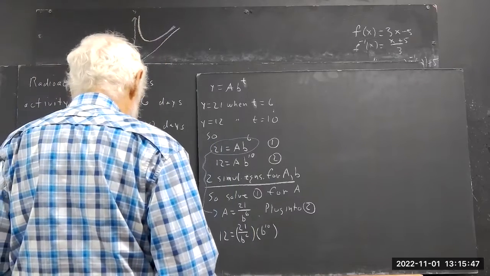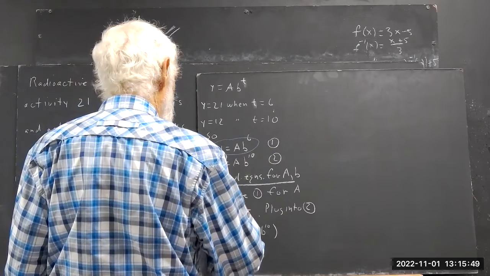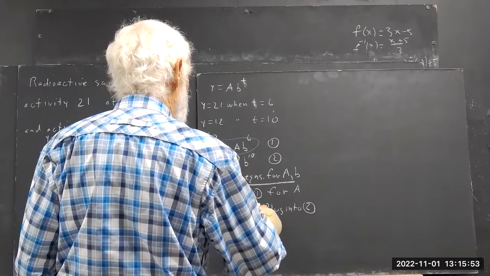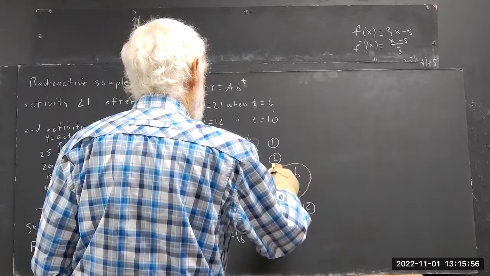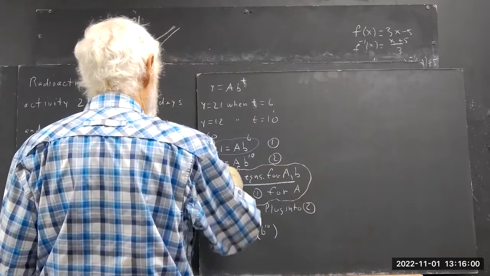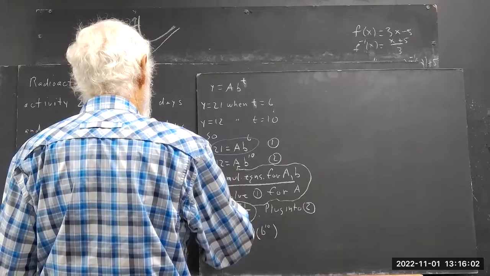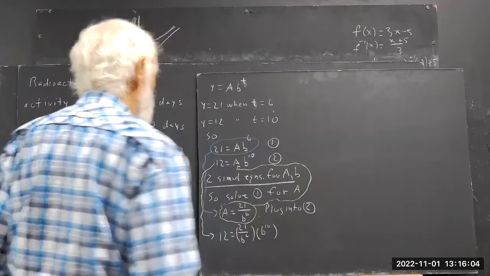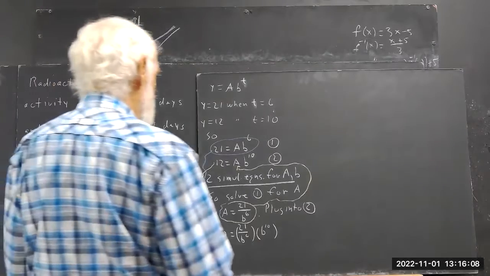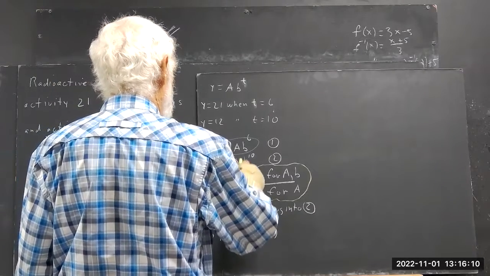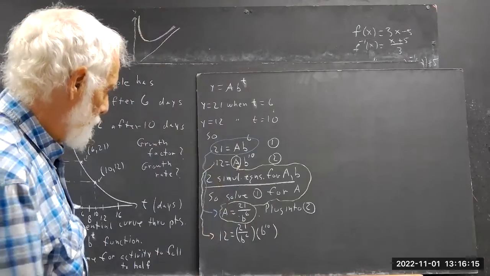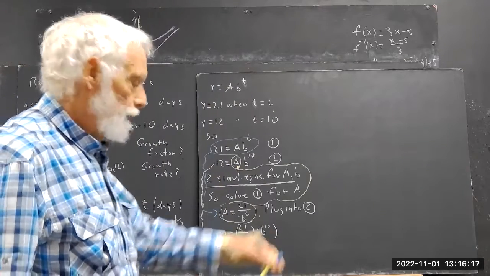And now, just so I can draw arrows going everywhere, I take this and I plug it in here, which gives us this. Okay, A is 21 over B to the 6th. So A is going to be 21 over B to the 6th. And we have this equation.